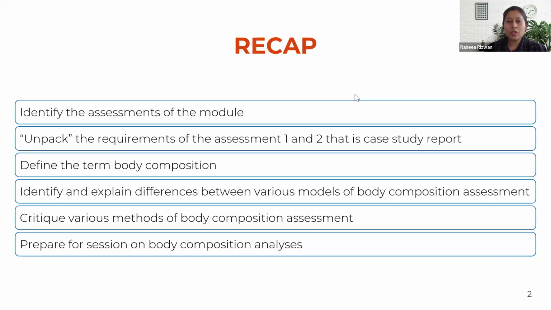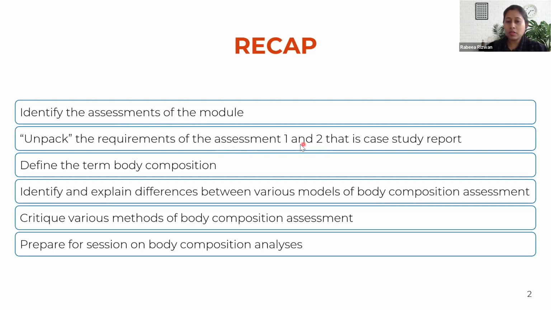So now we are going to the recap of what we have done in the previous week, what you have studied with me and also did by yourself. That was what the assessments in this module are. These assessments are divided into two parts, part 1 and part 2.